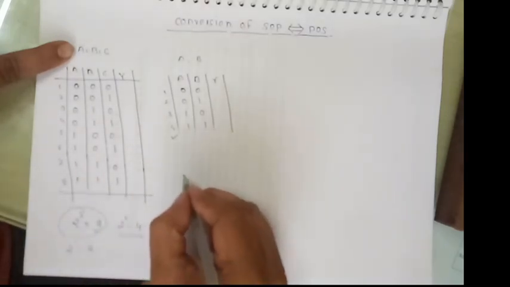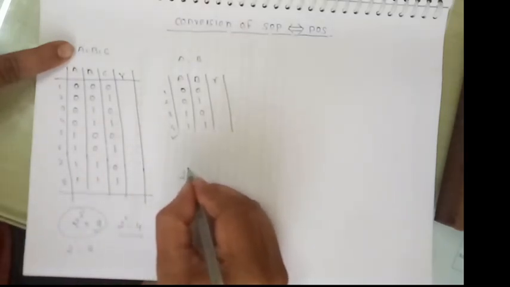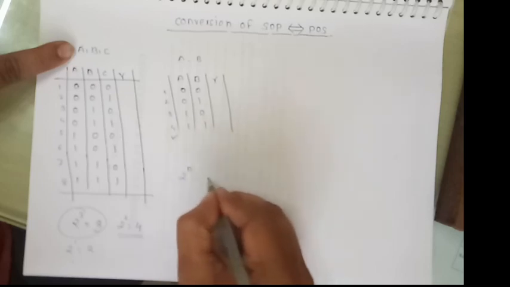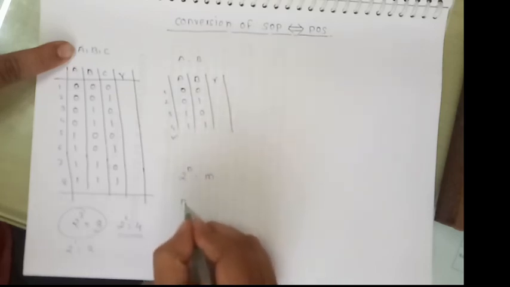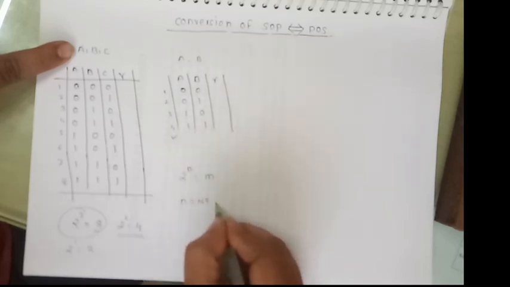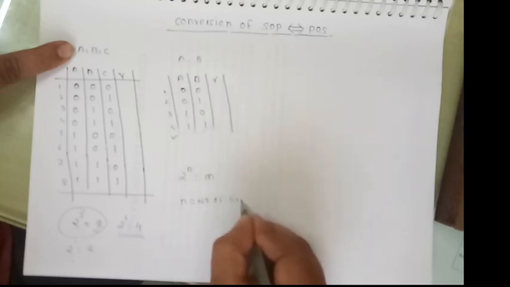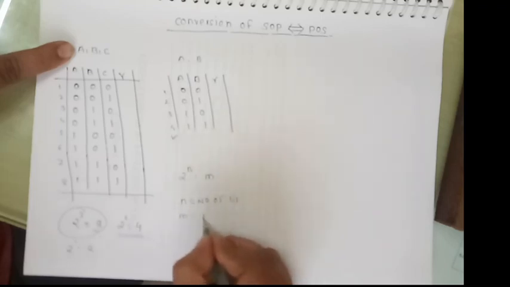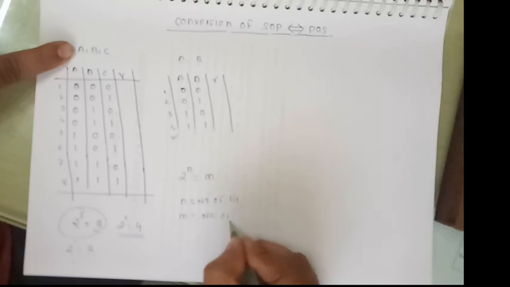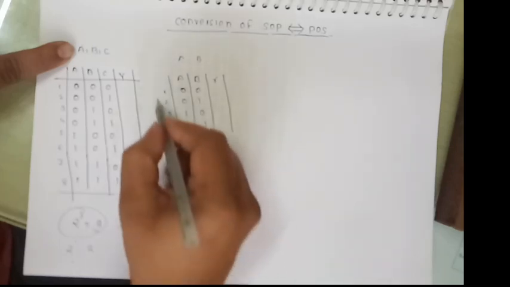In total we get 4 combinations. So you need to remember this formula: 2 raised to n equal to m, where n is the number of literals and m is the number of possible cases.